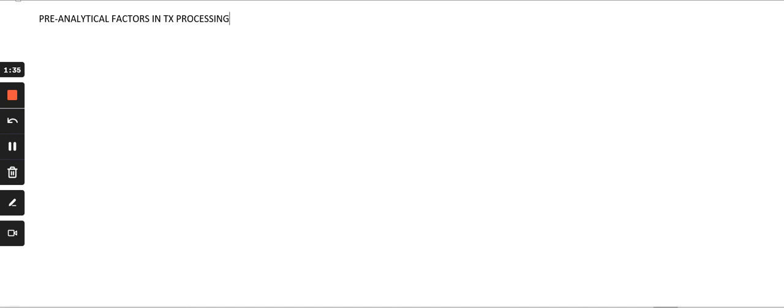Now, number one, we have what we call your warm ischemia. Warm ischemia is a term used when a tissue's blood supply is cut off.